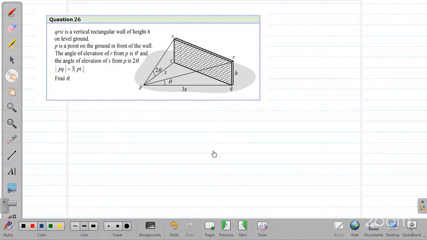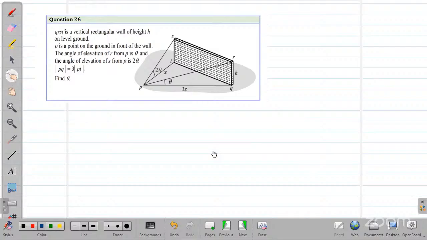P is a point on the ground in front of the wall. The angle of elevation of R from P is theta and S from P is 2 theta. We have to find the value of theta.